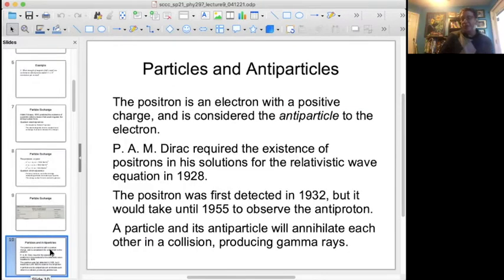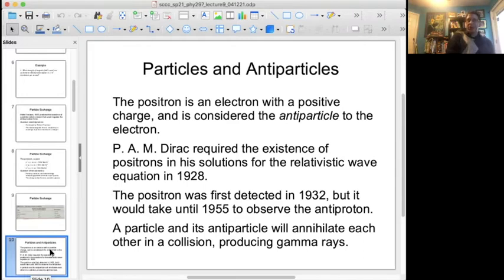So the positron is an electron with a positive charge and is considered the antiparticle to the electron. So the relativistic wave equation, Dirac expanded on the Schrodinger wave equation that we talked about earlier in the semester to include electrons moving at relativistic speeds. And it allowed for the possibility of antimatter.